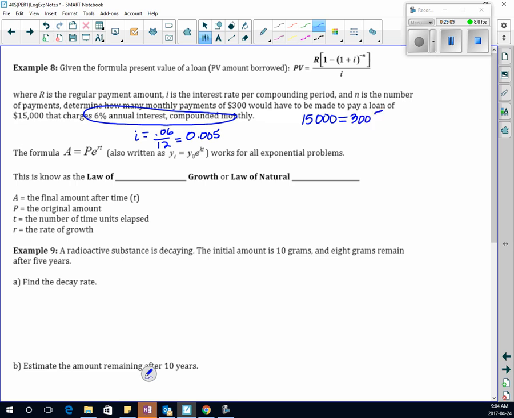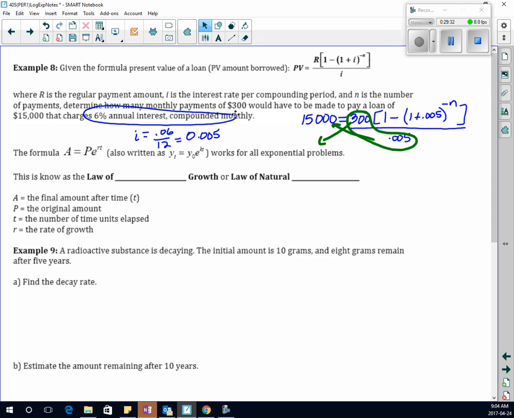$300 times [1 minus (1 plus 0.005) to the power negative n], yes, divided by 0.005. Okay, so does everybody see? I'm going to do that little trickaroo again. That goes down, that goes up. Yes? I'm out of room. Did I give you enough room?